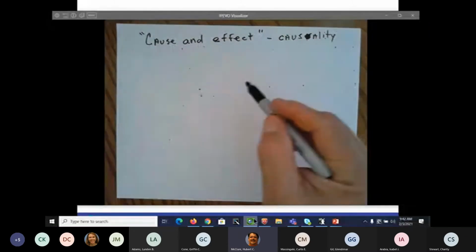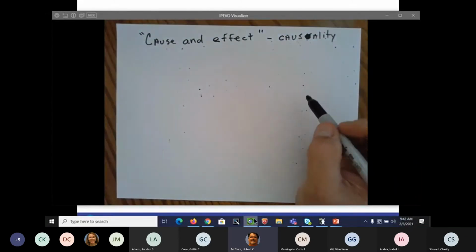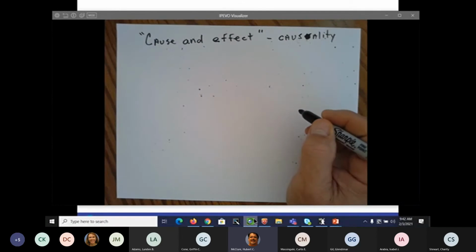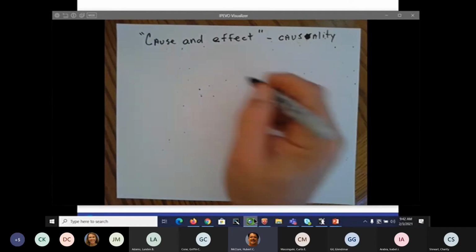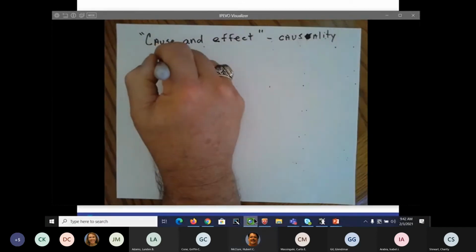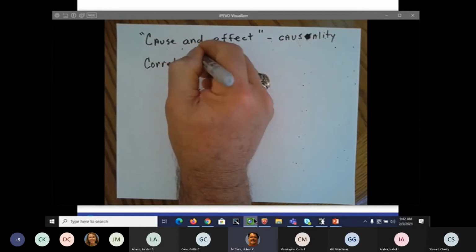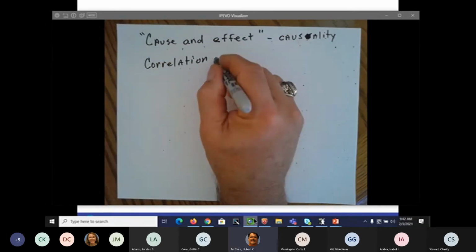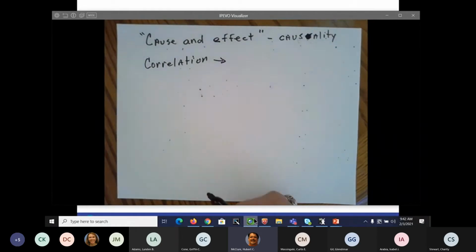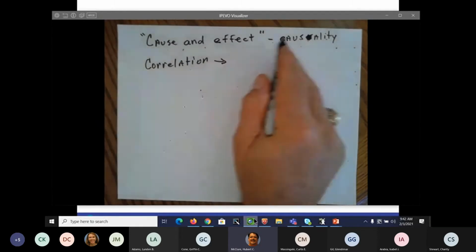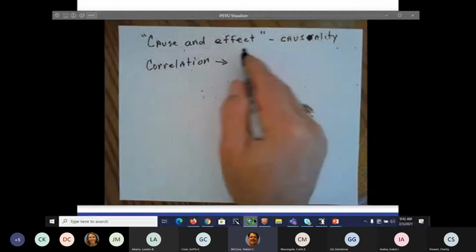That means something causes something else. But there's another word in there that causes problems, and that's correlation. Can anybody that may have had probability and statistics before tell me what correlation means in layman's terms? I told you what cause and effect means. That means causality, and vice versa.